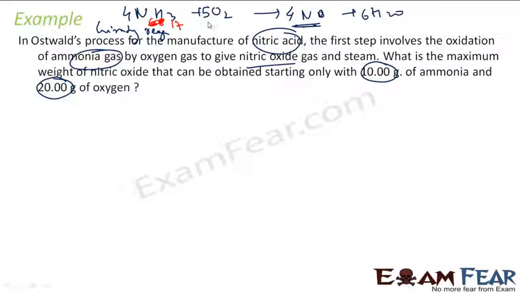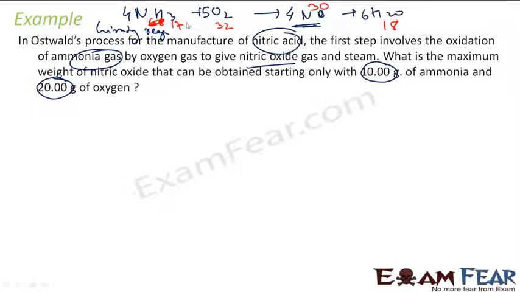For oxygen, it is 32. For NO, 16 plus 14, 30. For water, it is 18. This is the atomic mass.